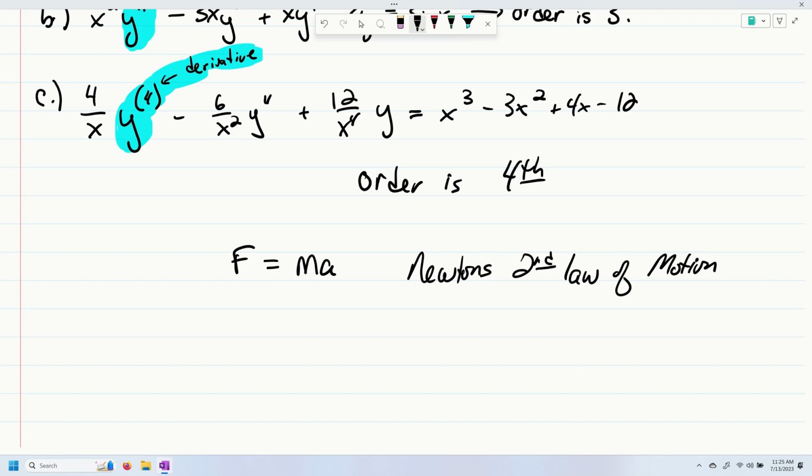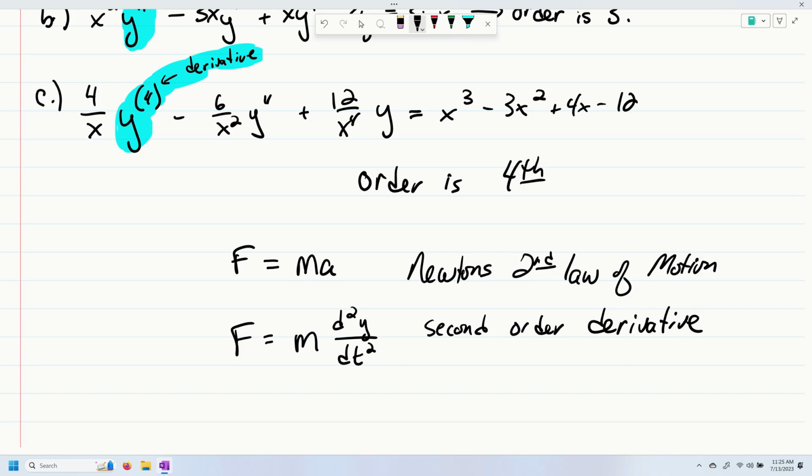And if you've taken a physics class, calculus based, of course, they would probably write this as F equals m times the second derivative, which is d2y over dt squared. So this is a second order derivative.